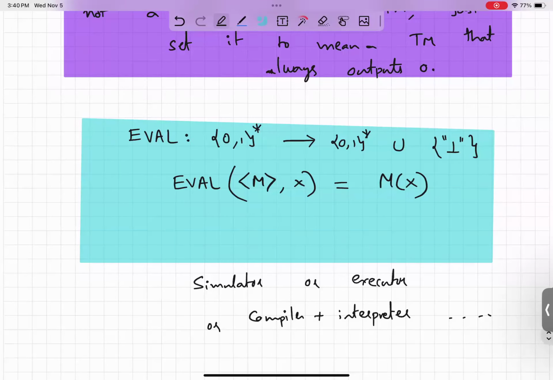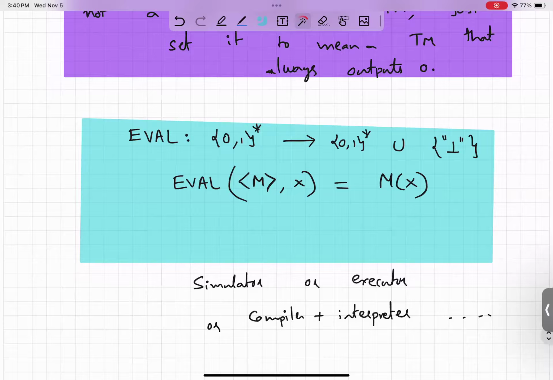It's really an executor, right? So you're executing a program. So when I call GCC on a C program and input, this is exactly what it's doing. You give a program as input and input for that program, and the simulator runs the program and tells you the answer, if it actually gets an answer, otherwise it also does the same thing, right? And this perpendicular symbol here, remember, was our notation for saying we didn't get an output. It's not that the output is perp, but the notation is saying that we didn't get an output.